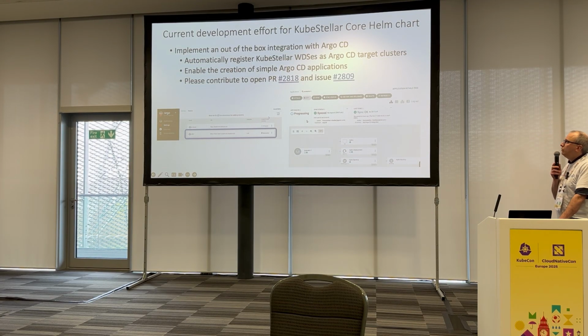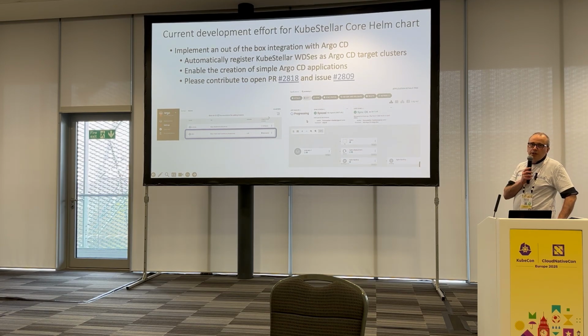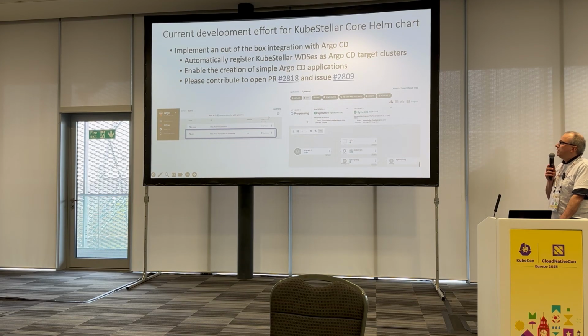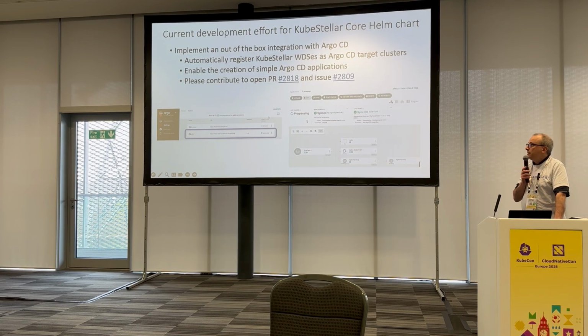Currently, we are working on integrating Argo CD into the core chart. We are adding values and features to the core chart so that a user can deploy Argo CD along with KubeStellar and have all the WDSs automatically registered as clusters in Argo CD.